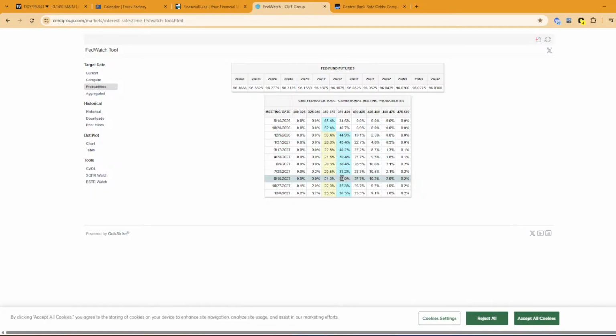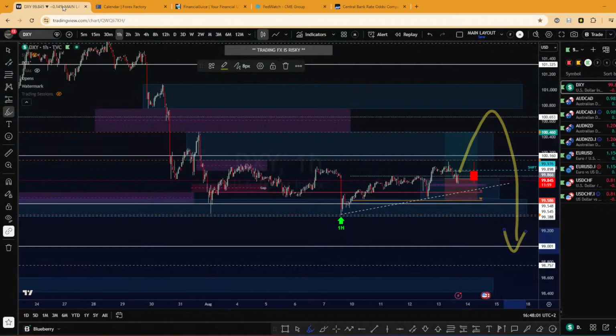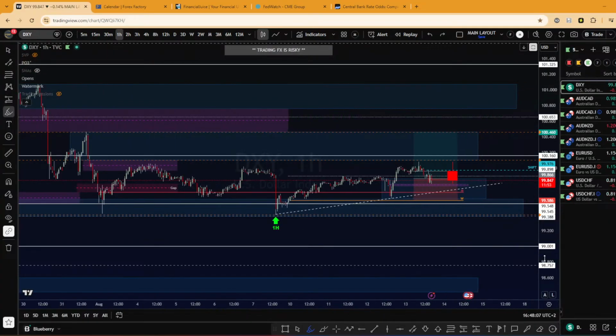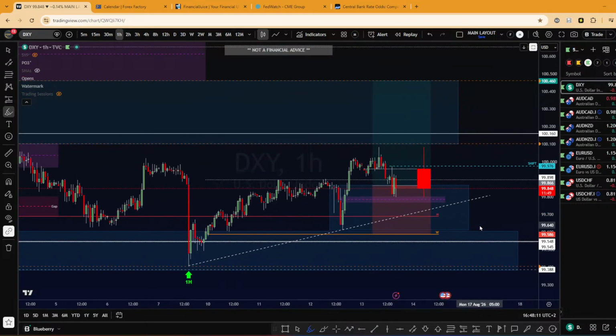But for the next two meetings, we have a lower probability of hiking rates. So all these things make me think that the dollar is weak. I would not be surprised if we continue to drop even lower later.